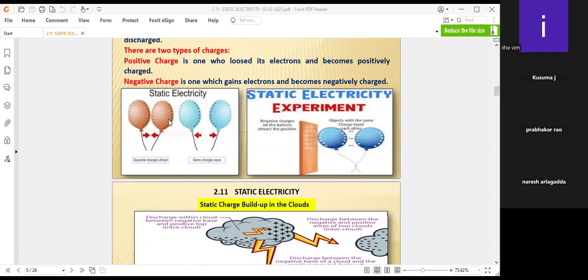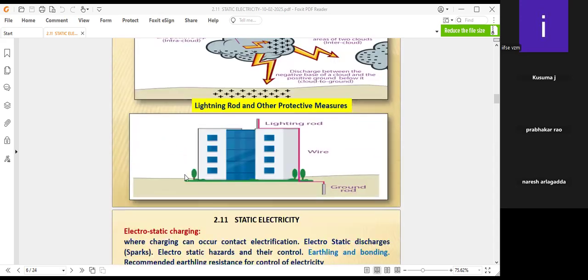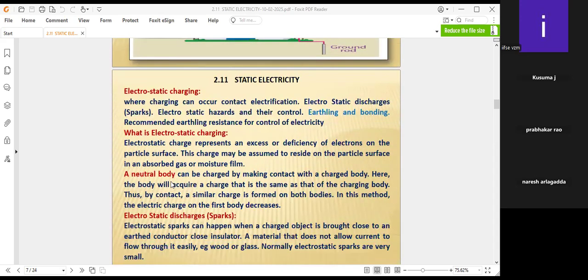When the balloons are close together, the positive and negative charges will definitely be rearranged in a queue, in a systematic, disciplined manner. A neutral body, everybody knows, has a number of negative charges equal to the positive charges.